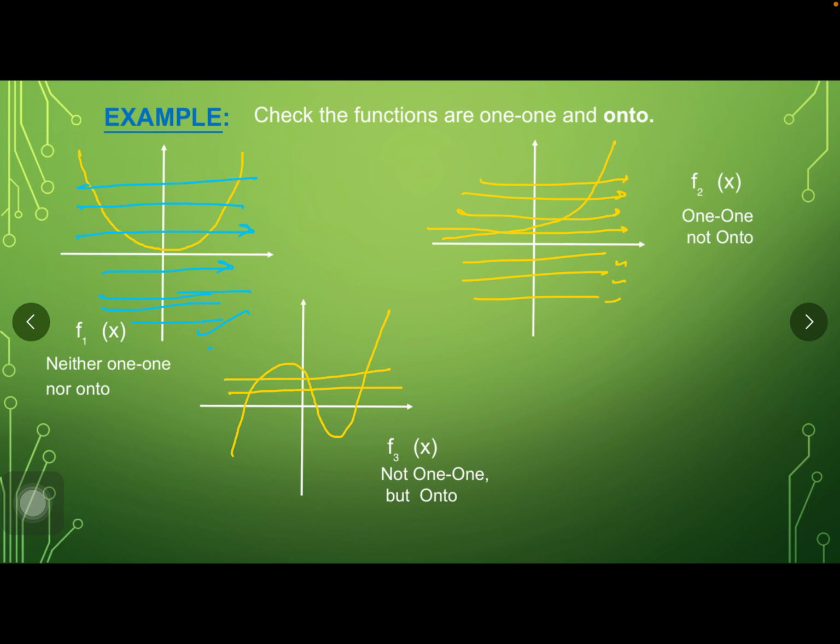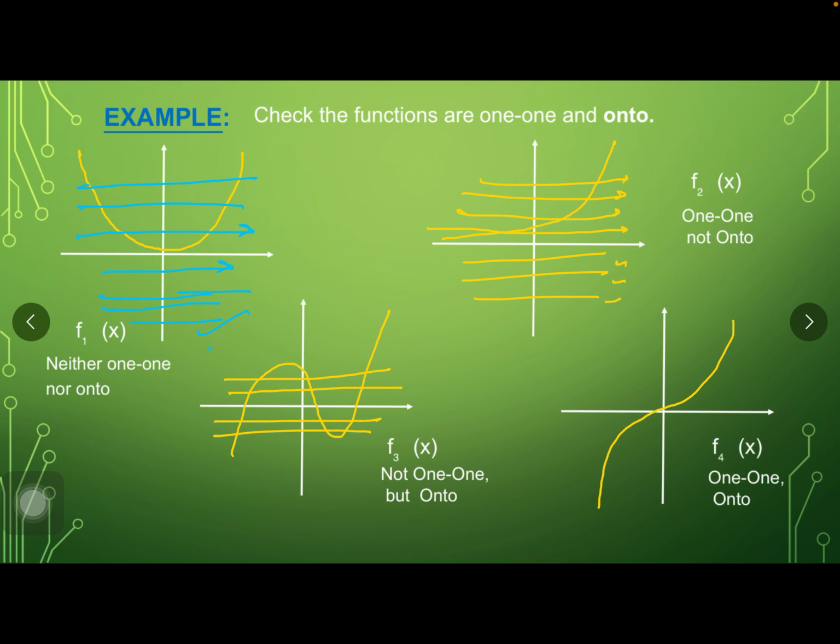And what is the definition of one-one? That the horizontal line intersects our graph at most one point. So it does not fulfill the condition of one-one. Now coming to onto: yes, this is onto, because any horizontal line you draw will cut our graph at some point. So this is an onto function.